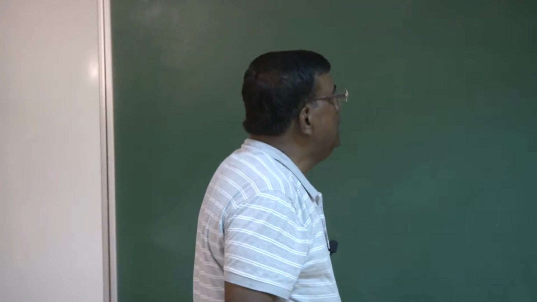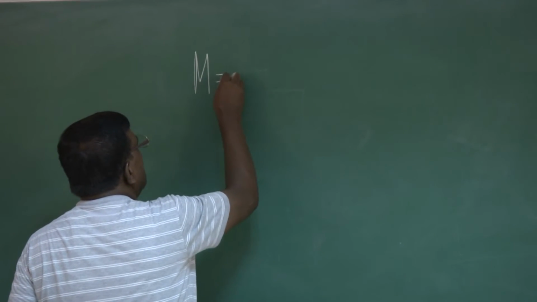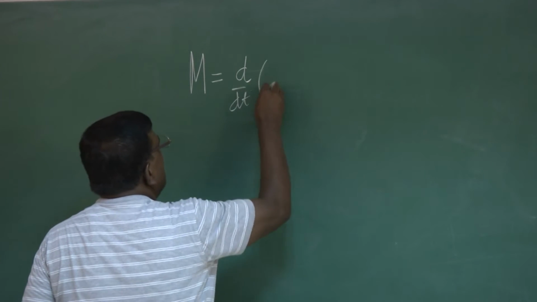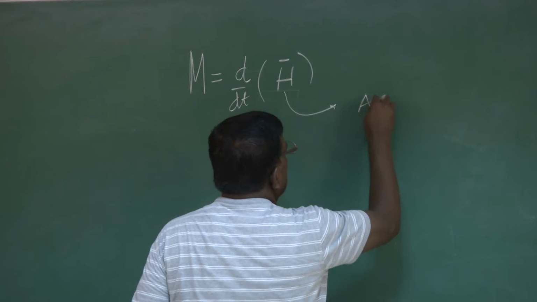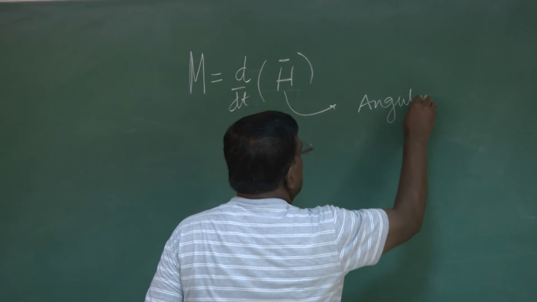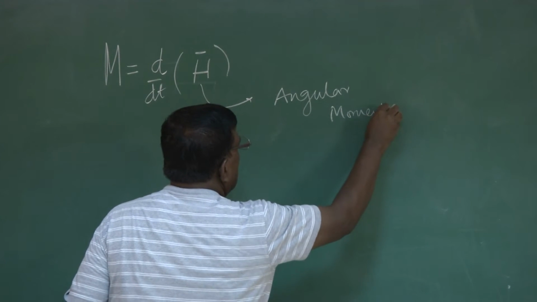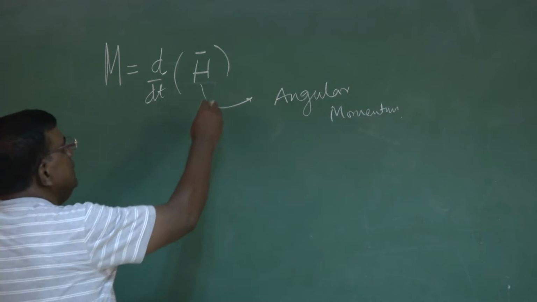So we have to use this equation. External moment M will cause the rate of change of angular momentum H. H is the angular momentum. Please understand, we are all operating with respect to the inertial frame. Okay?